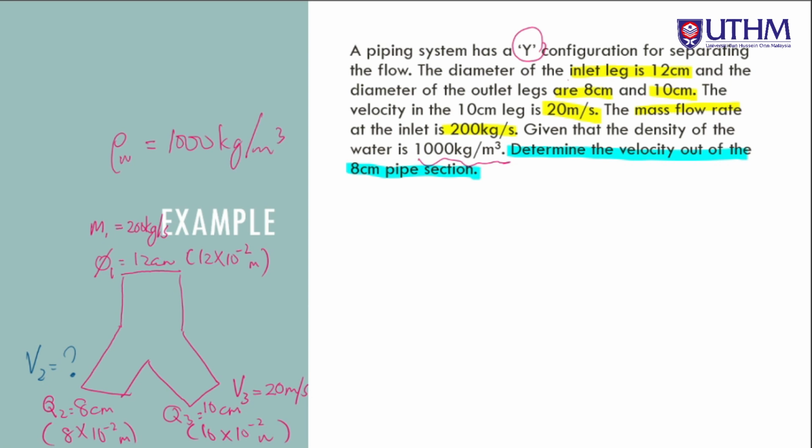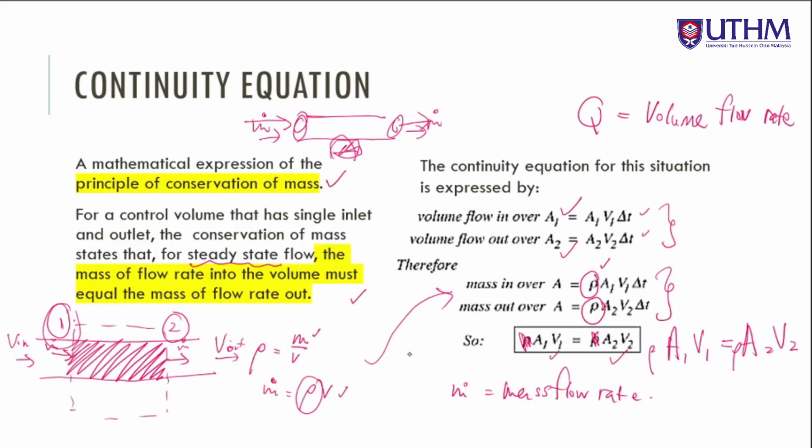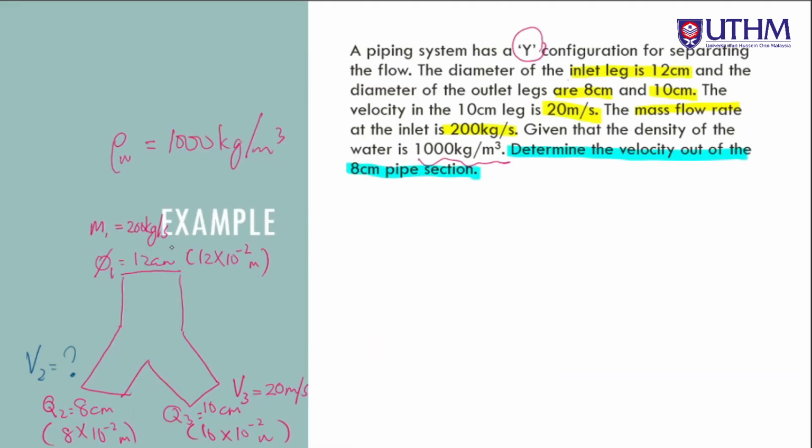Okay, so how do we start? So firstly we have to refer to the continuity from earlier. What does it say? The mass flow rate into the volume must equal to the mass flow rate out. So what goes in here must be equal to what comes out here.